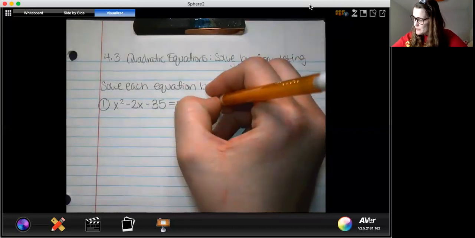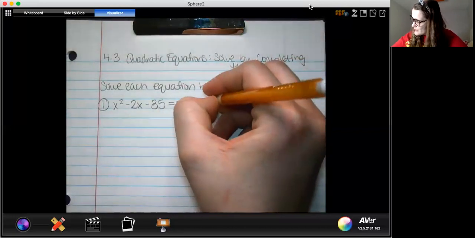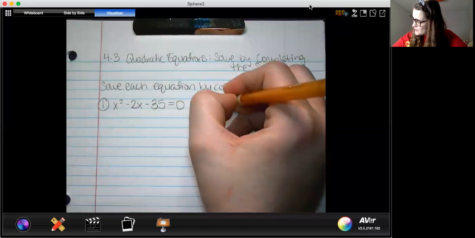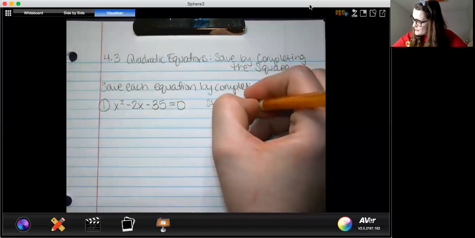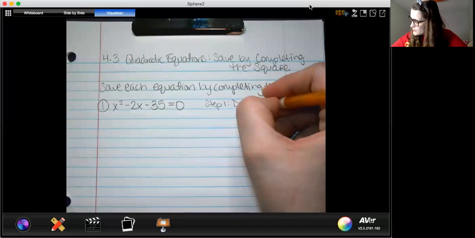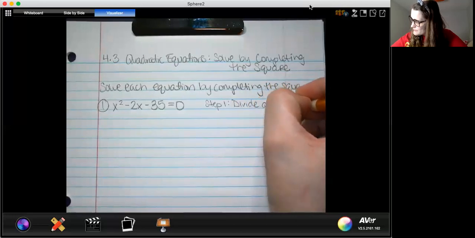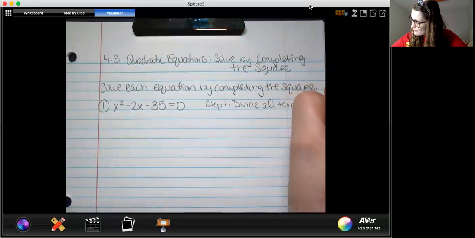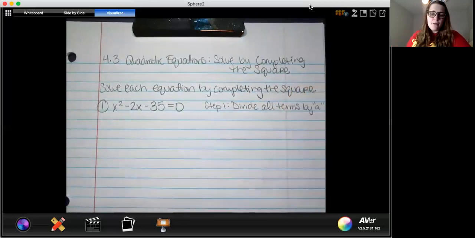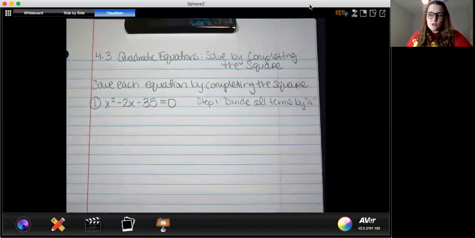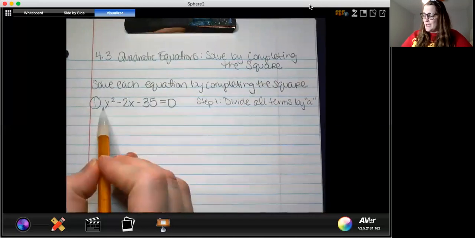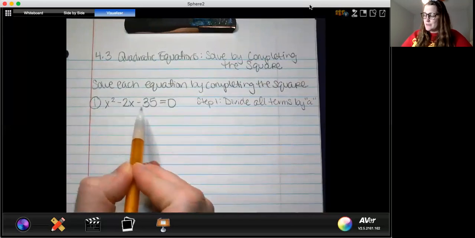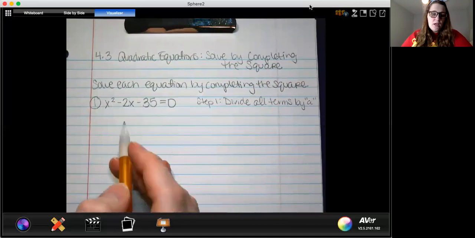Step 1, you're going to divide all terms by a. Remember that when you're thinking about a quadratic, you have ax squared plus bx plus c.